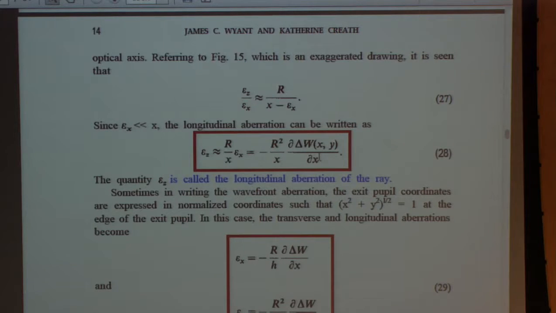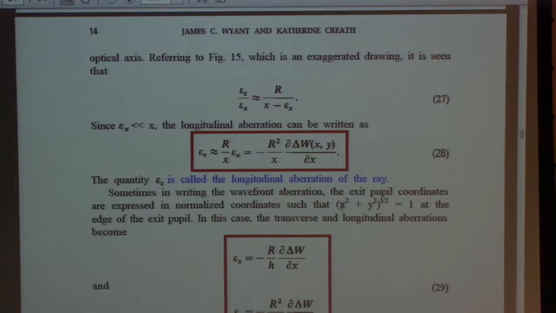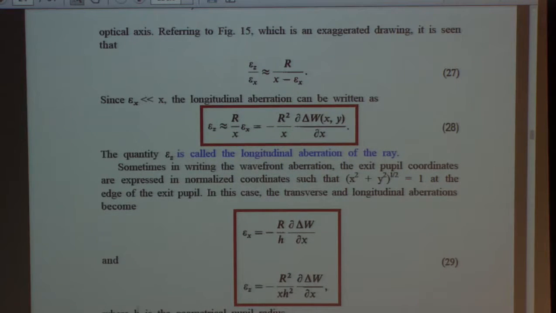Now, most of this semester, we are going to use normalized coordinates. So the square root of x squared plus y squared will be equal to 1 at the edge of the pupil. And let's say that h down here is the geometrical pupil radius. So if I'm going to write in normalized coordinates, every place I have an x in these equations, I need to put in an h times x.